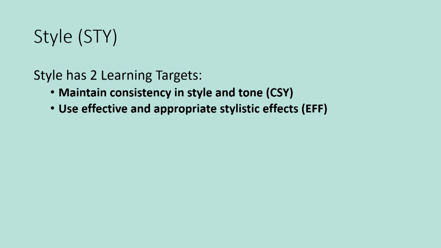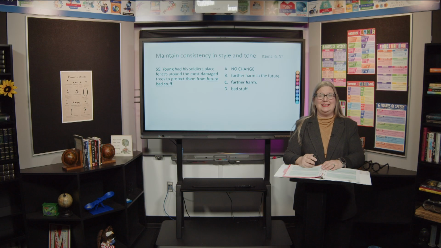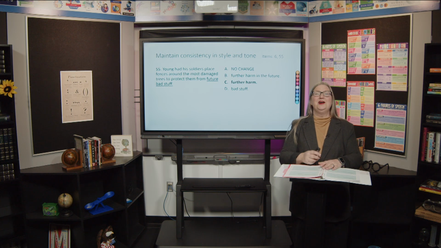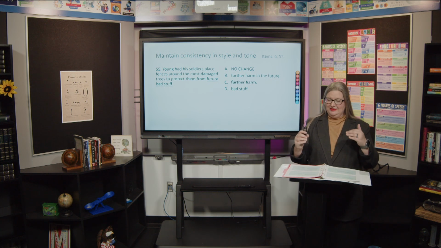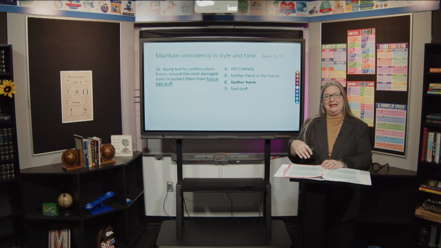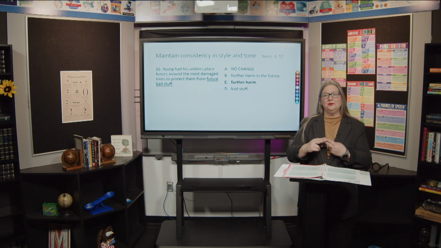When we get through with that, we're going to be done with this ACT practice test that you took. We're not going to be looking at it anymore. You probably don't want to look at it anymore. But this first learning target is to maintain style and tone. And there are only two items, items 6 and 55.